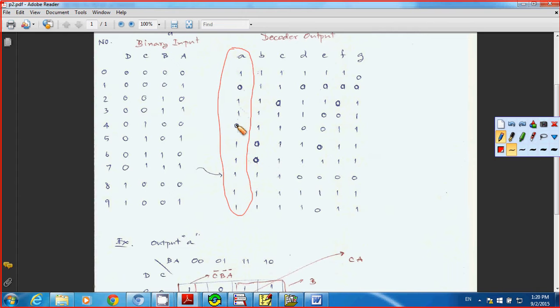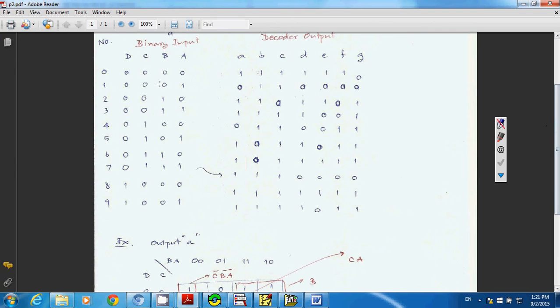So let's say I have 0, 0 here. My 0 is easier, right? Because you only have two 0s, and also this one here. So for DCBA, with the logic 0 0 0 1, I give A to be 0.